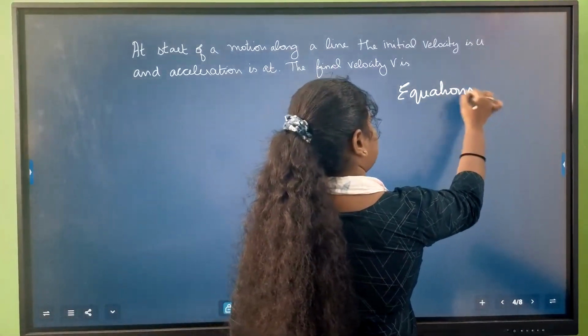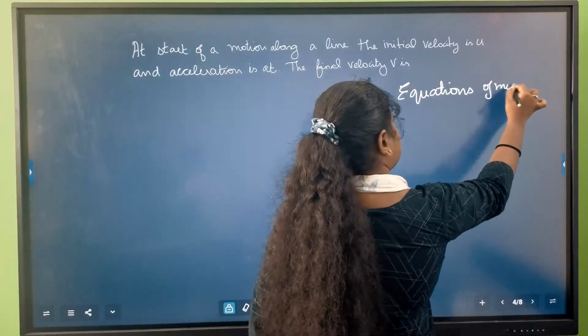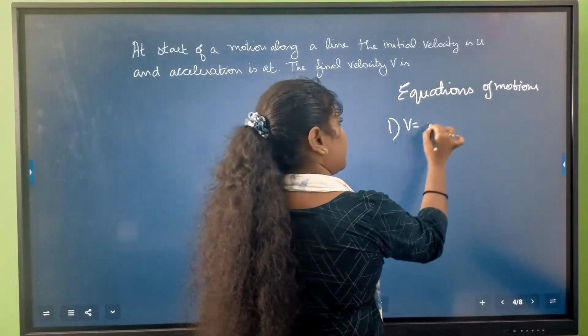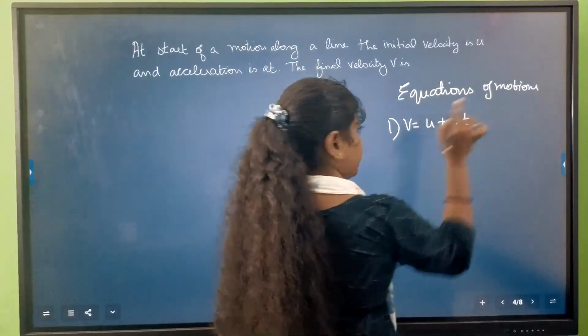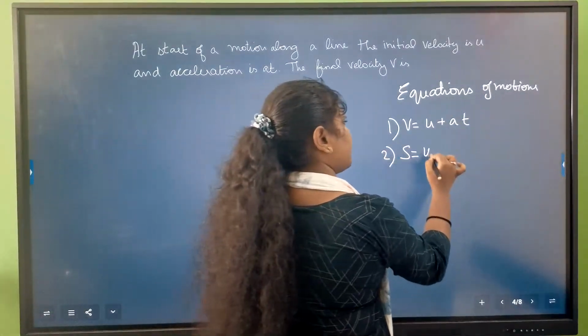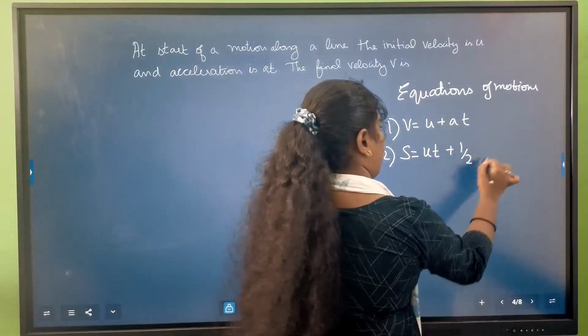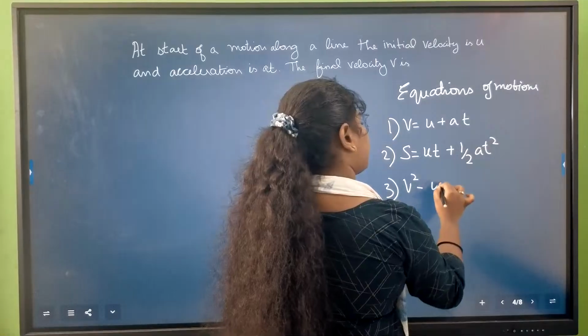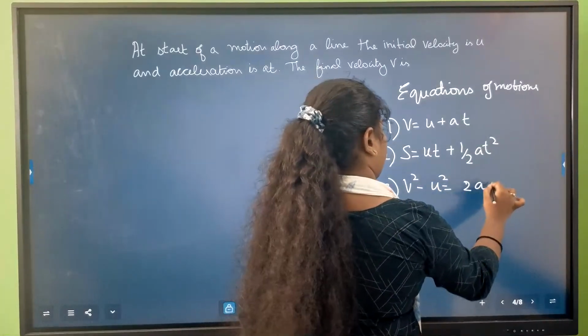Equations of motion நமக்கு மூணு equations இருக்கு. v equal to u plus at is your first equation, and what is your second equation, s is equal to ut plus half at square, and what is your third equation, v square minus u square is equal to 2as.